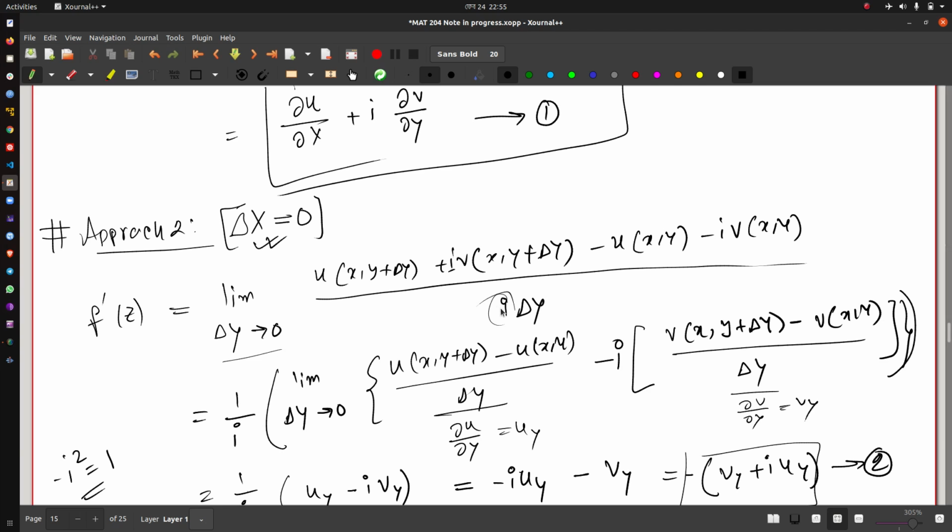There is this 1 upon I, it goes over here, that's great. Limit del y goes to 0. Okay, this is fine. Oh, okay, now I see, it should be a plus sign. This is the mistake over here, it should be a plus sign.